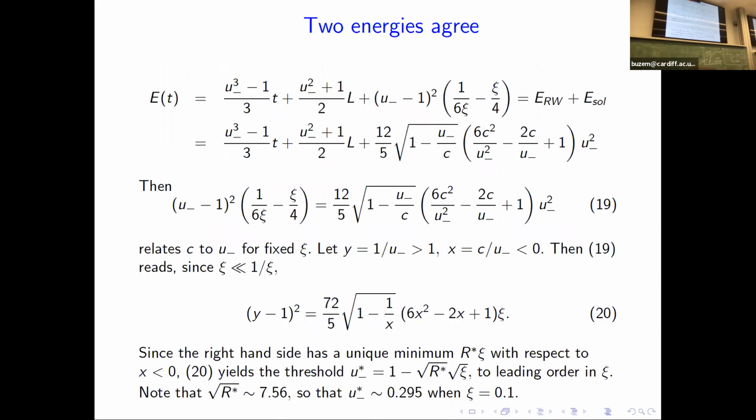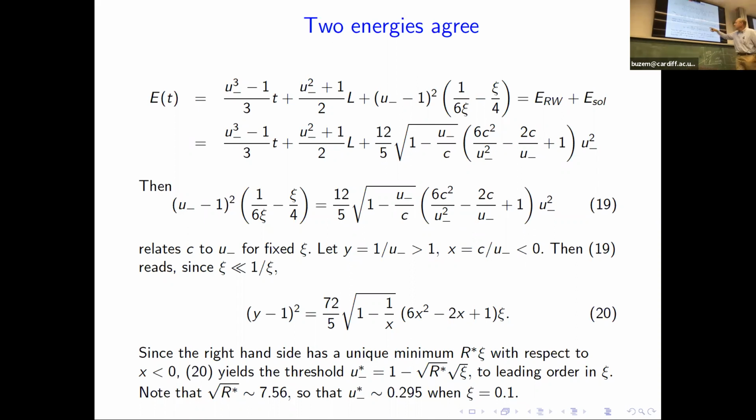And so now we have E of t, which has the rarefaction wave contribution and the solitary wave contribution. Right. So here they are added together. And so we line that up with the equation that we just calculated from the ODE for E of t, and we get this equation. Okay, and it relates C to U minus for a fixed C. So now I'm going to rescale things.